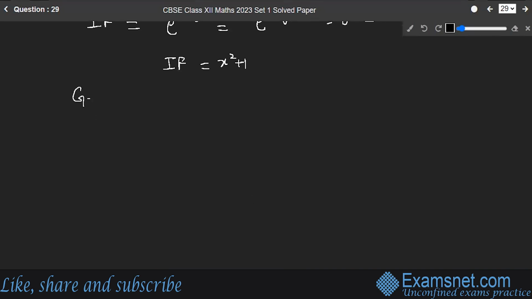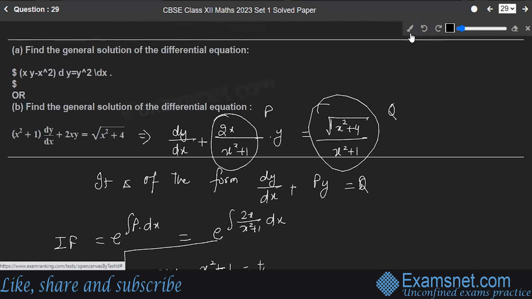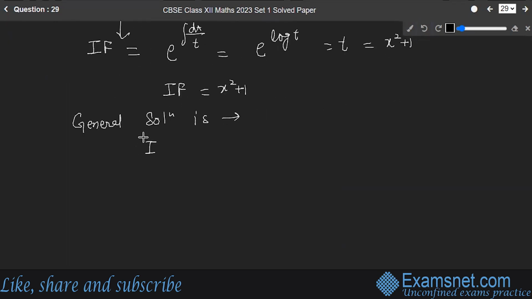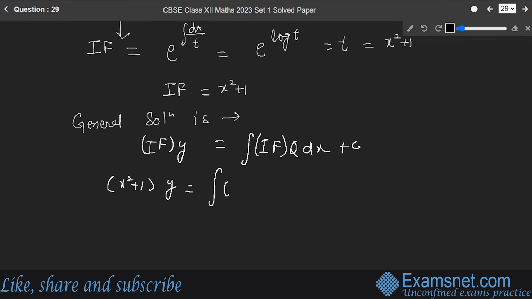Now the general solution will be given by integrating factor into y is equal to integral of integrating factor into Q dx plus c. This was equal to x squared plus 1, y is equal to integral of x squared plus 1 into Q, which was equal to root of x squared plus 4 divided by this, into dx plus c.